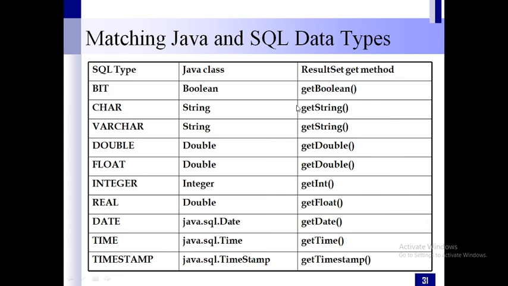Now, if you want to get the values from the result set and assign them to a host language variable, you can use getString, getDouble, getInt, getFloat, getTime. These are the methods used to get the values from the result set, which can be assigned to a host language variable. Here the host language is Java.